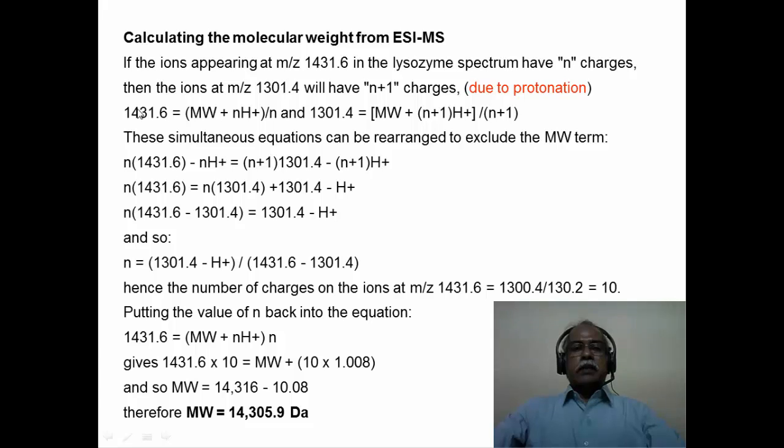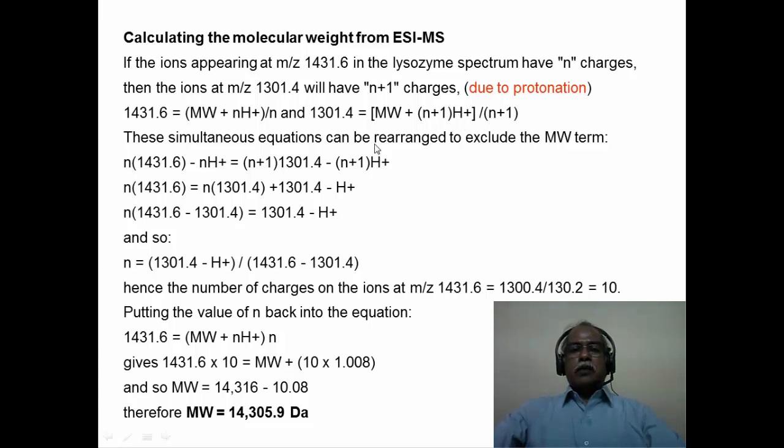So, one can write an expression: 1431.6 is equal to the molecular weight plus n number of protons added, divided by the charge which is n, and 1301 will correspond to the molecular weight plus n plus 1 number of protons added, divided by n plus 1 which is the charge of this.